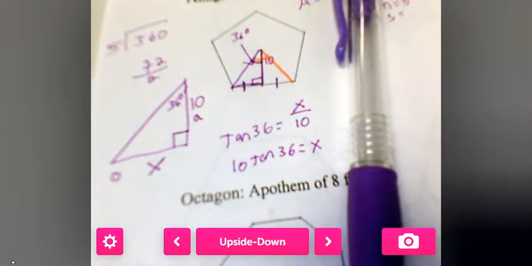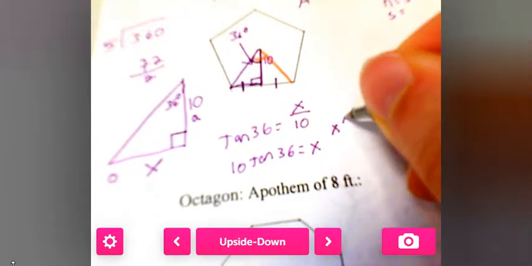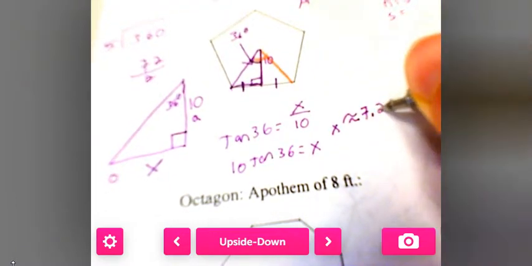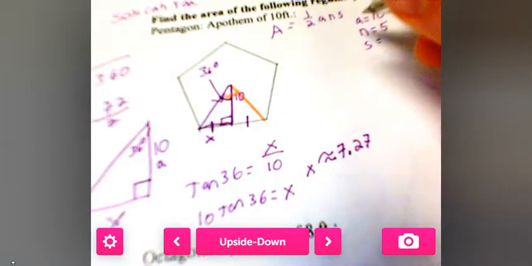So now that I've got all this, I'm going to put 10 tan 36 in my calculator, and I get x is approximately, I'm going to round to just 2 decimal points, 7.27. So that's just this right here. I want the whole length. I want to find out what S is.